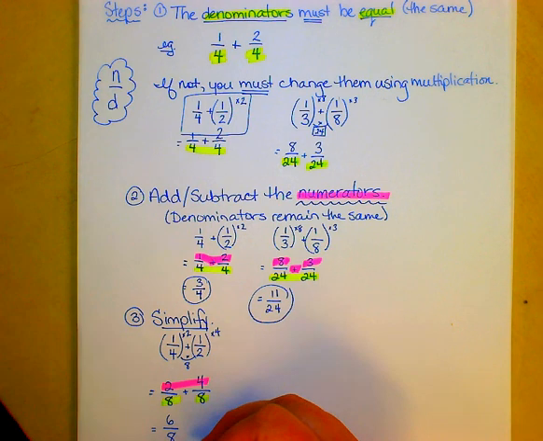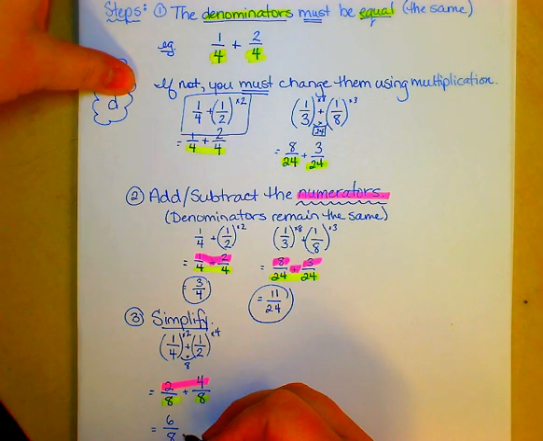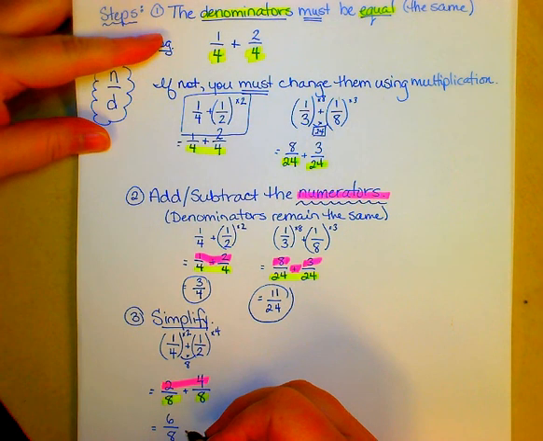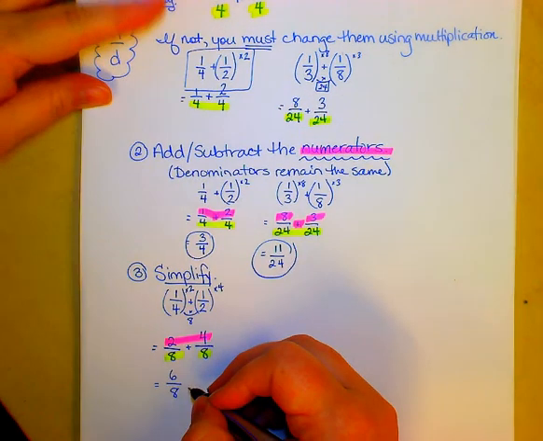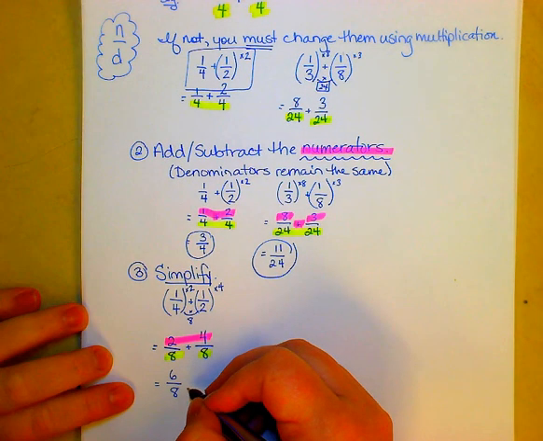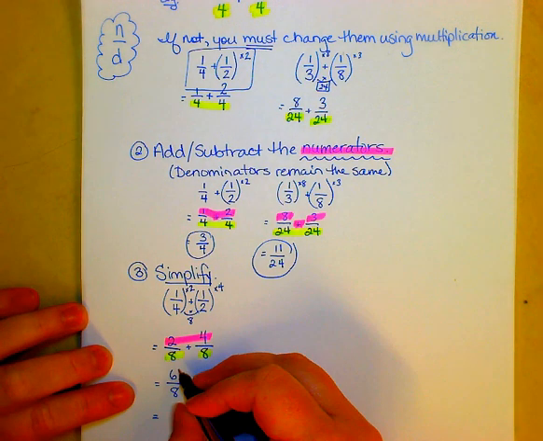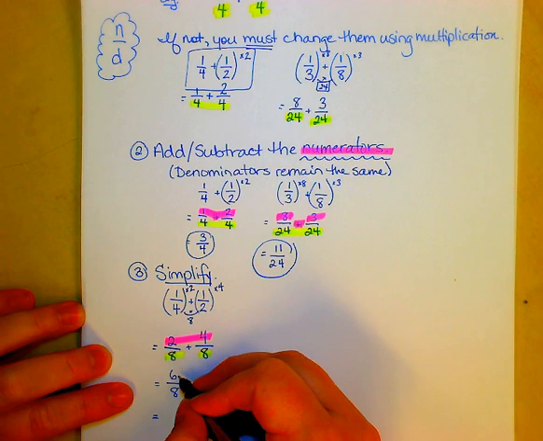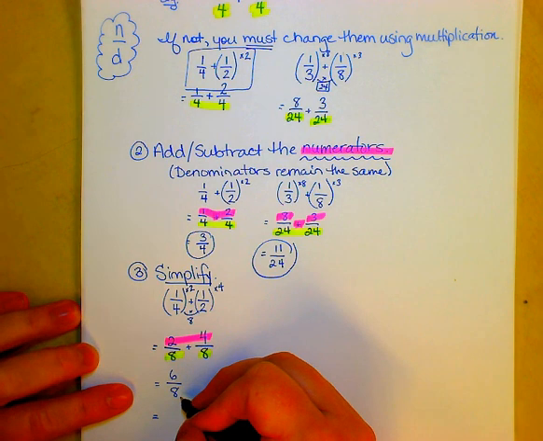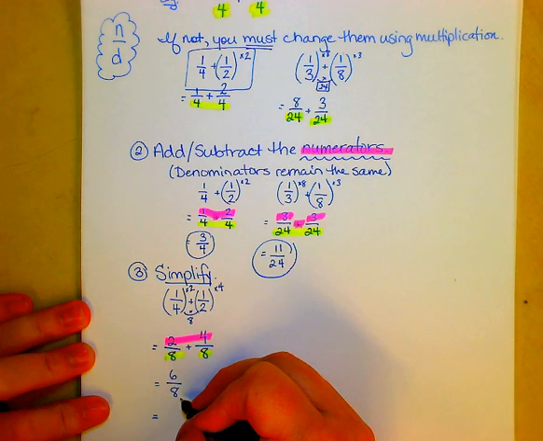Well, 6 over 8, these are both two even numbers. So when working with even numbers, I know that even numbers are divisible by 2. So I'm going to divide both of these numbers, my 6 and my 8, by 2 to simplify this fraction.